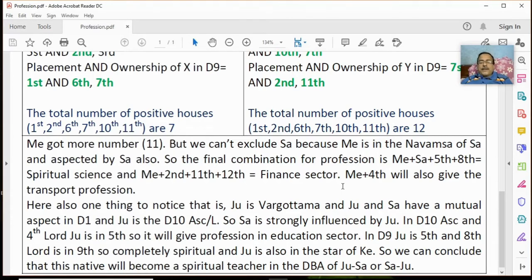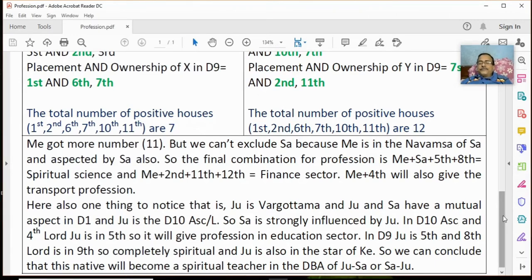So it will give the profession in the education sector. So Jupiter plus 4th plus 5th is for the profession related to education.